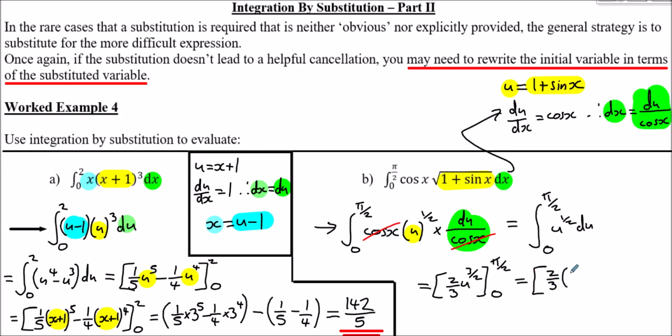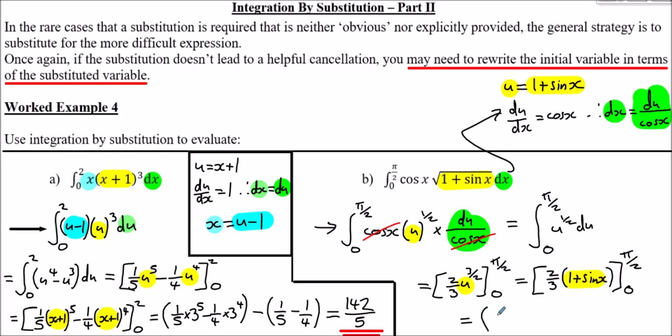So it's 2/3 of 1 plus sine x in between the limits of x being pi over 2 and x being 0. Just emphasizing that u is 1 plus sine x. You can use your calculator. In fact, I'd recommend it. But if you do know and are comfortable knowing that pi over 2 in old money is 90 and sine 90 is going to be 1, we can just go ahead and do it.